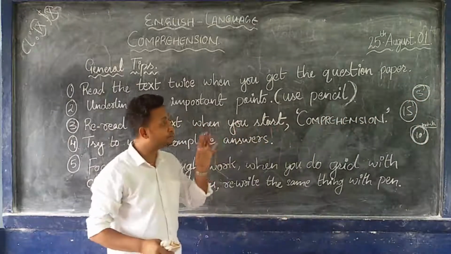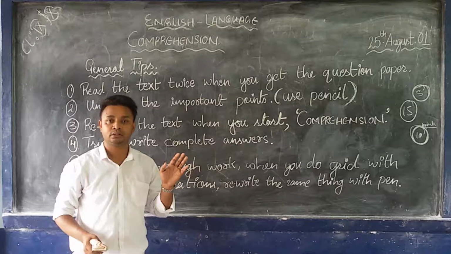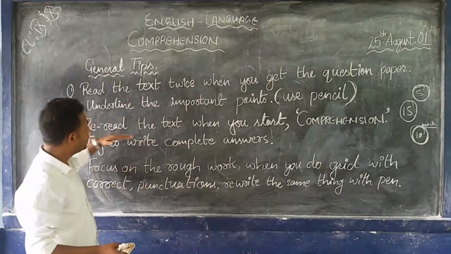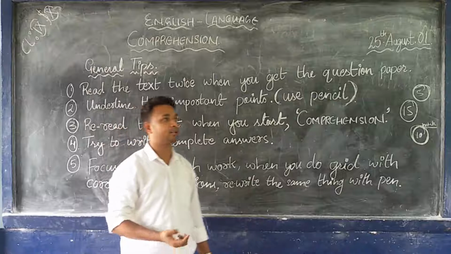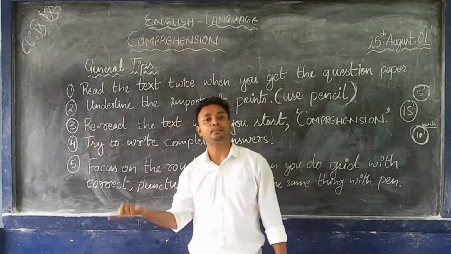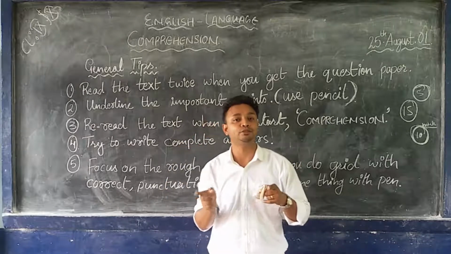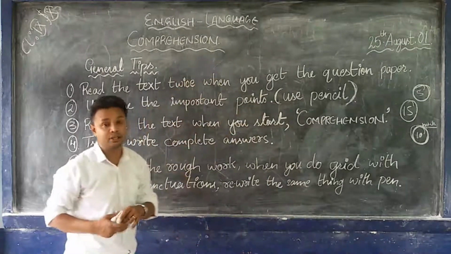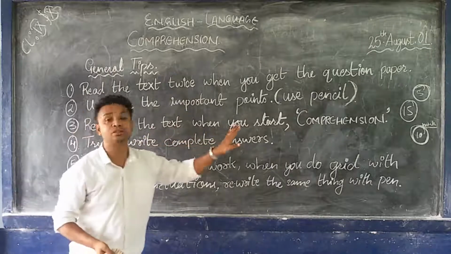So, reread the text when you start comprehension. For example, you started your examination with either the grammar portion or the complete composition. Now the time comes when you have to start your comprehension.